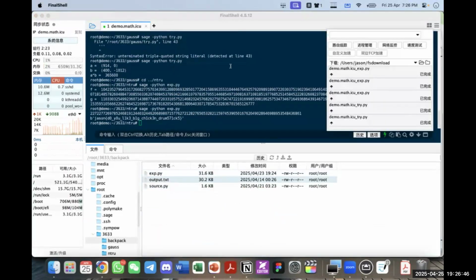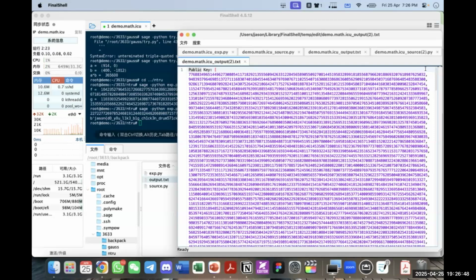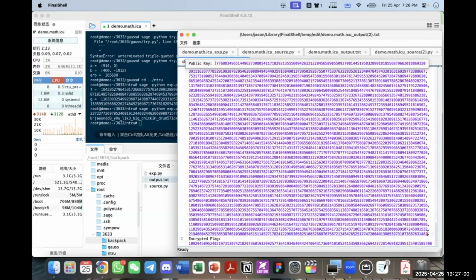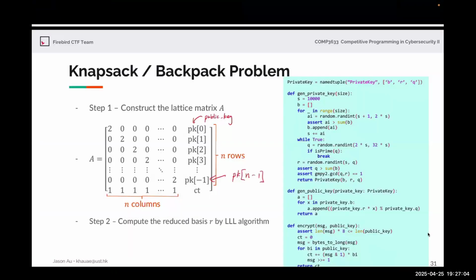And public key, you actually have a lot. Let's look at the output. Public key will have the first one, the second one, the third one, and all the way down. You actually have 200-something public keys. So we let the total number of public keys be n: the first public key, the second, and the last one is the n minus 1 public key, because we start from 0.